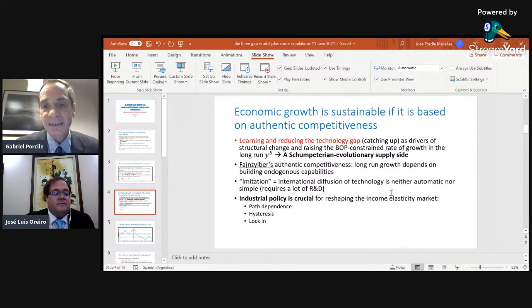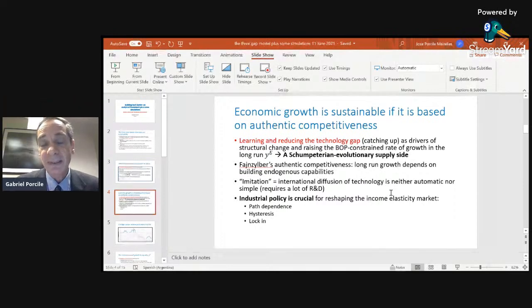To understand the dynamics of the income elasticity ratio and the pattern of specialization, we need to look at the dynamics of technical change, and this brings a Schumpeterian approach to our discussion of growth.